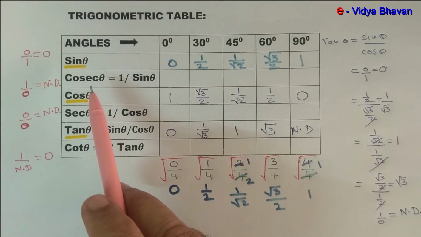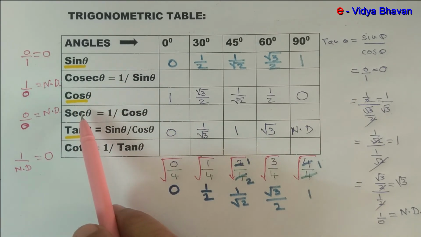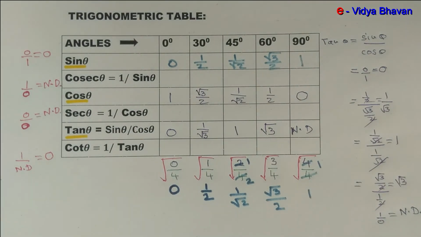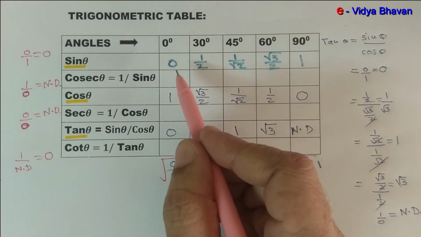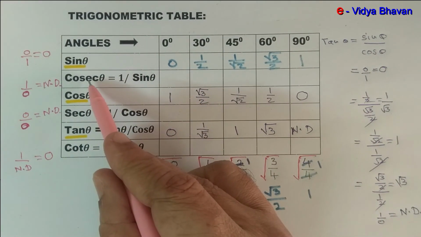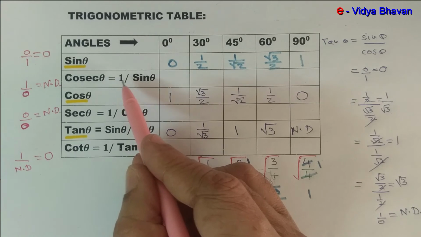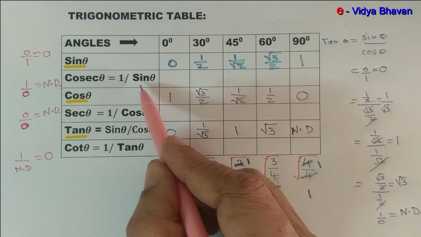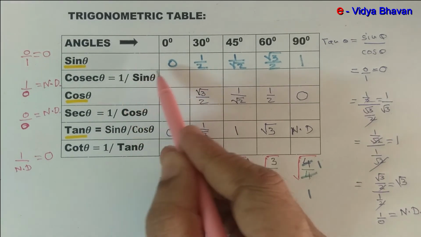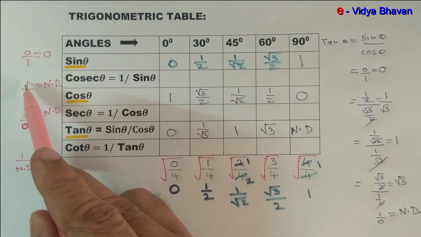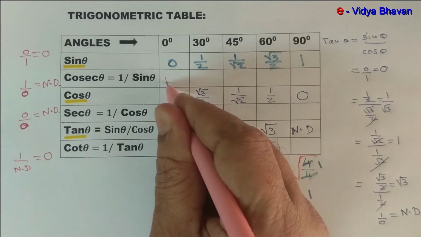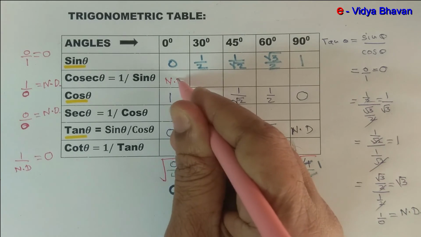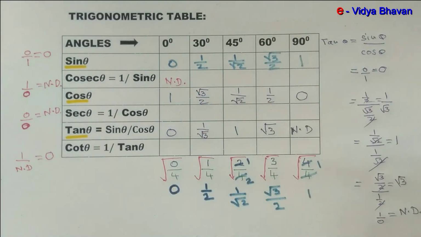Now, we have the other 3 trigonometric ratios, cosec theta, sec theta and cot theta, which are reciprocal partners. Cosec theta is equal to 1 upon sin theta, that is 1 upon 0, and 1 upon 0 gives not defined.